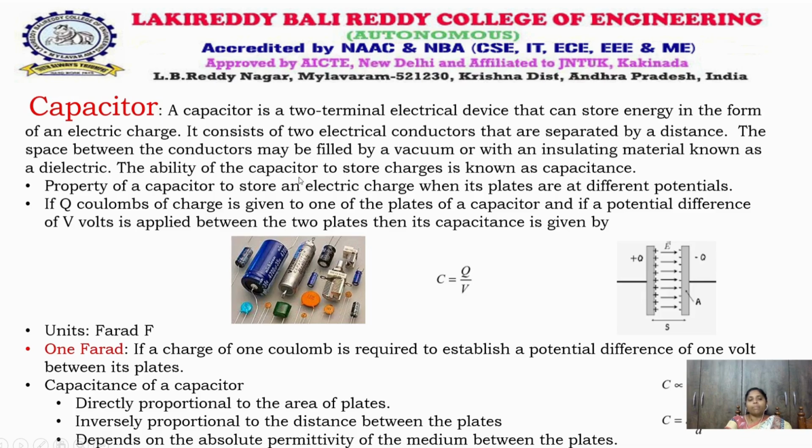So the ability of the capacitor to store charge is known as the capacitance. The property of the capacitor is to store electric charge when its plates are at different potentials.